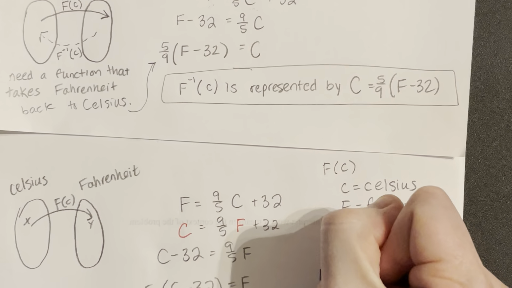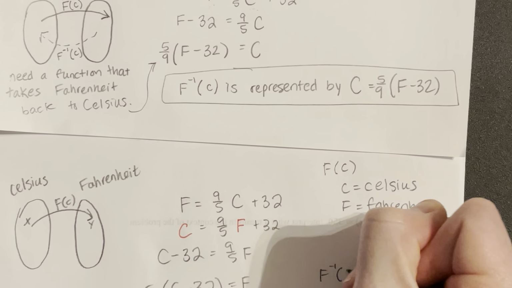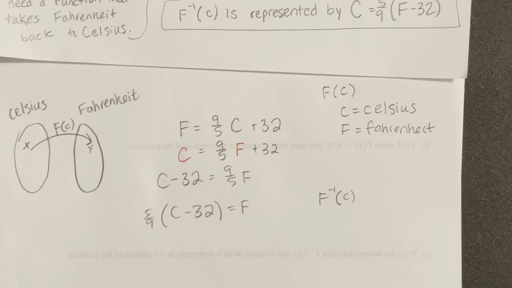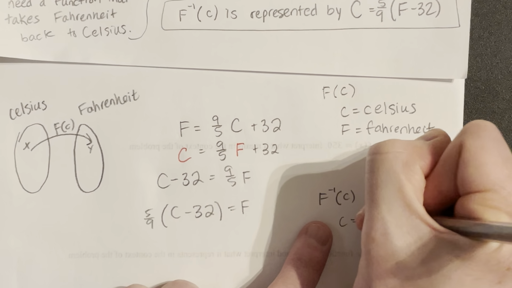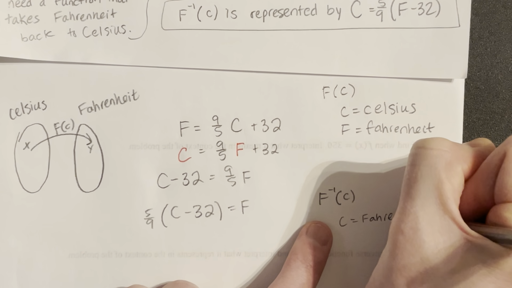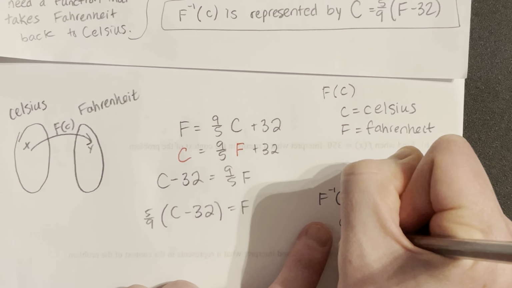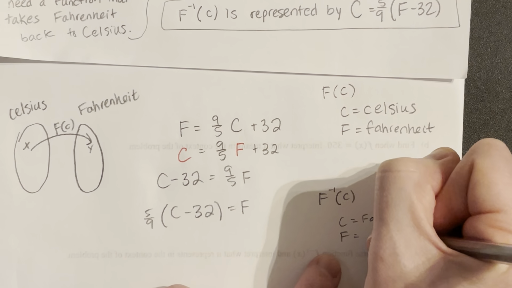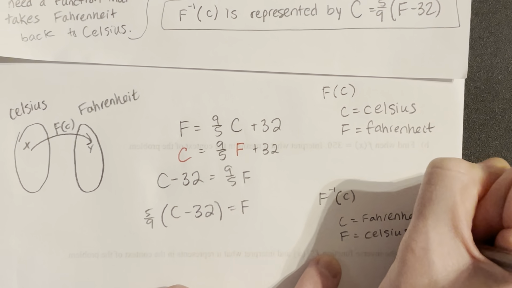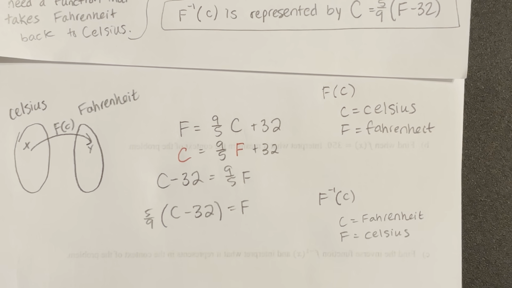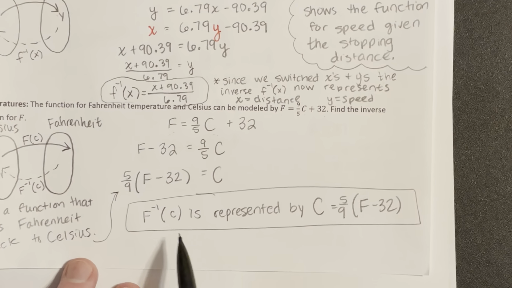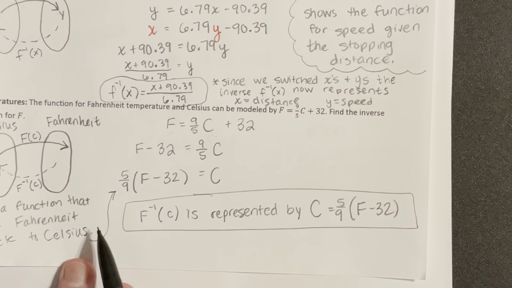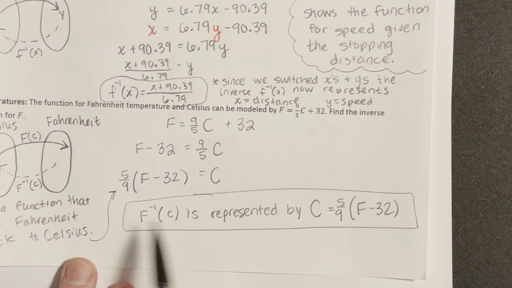When you look at f inverse, if you're swapping your x's and y's, you're now saying that c stands for our Fahrenheit and f stands for our Celsius. That doesn't make much sense. So it's actually easier to just not swap them like I did in the first way, because that is showing the inverse relationship.